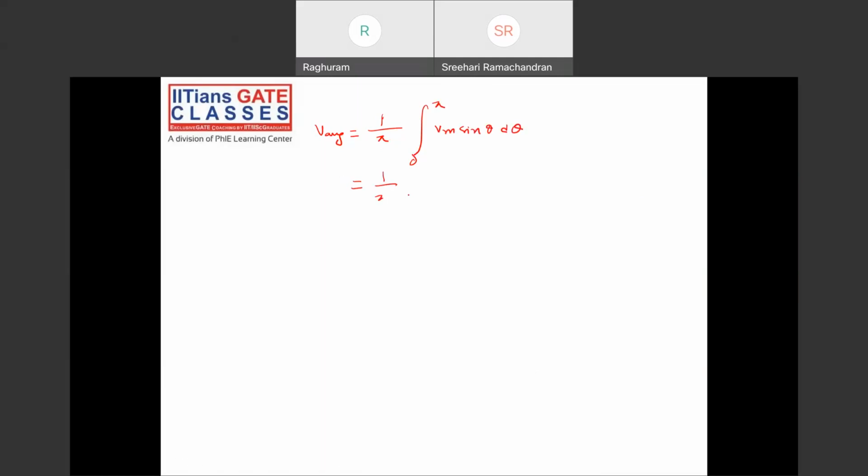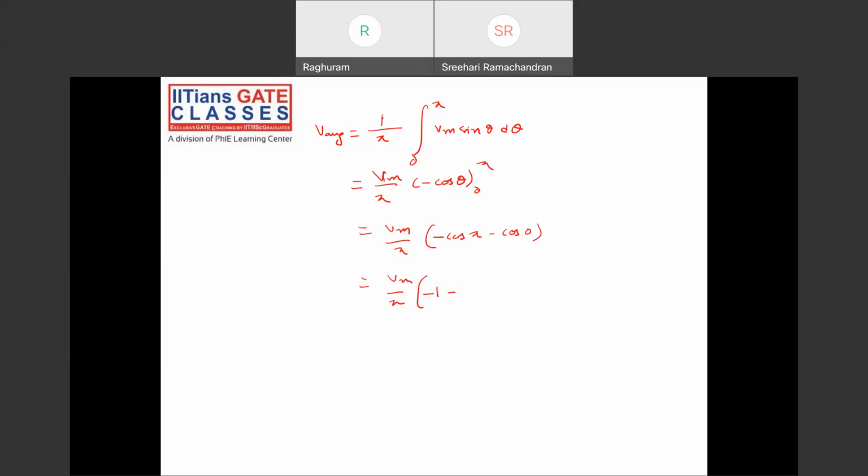This is Vm by pi. The integral of sine theta is minus cos theta, from 0 to pi. Vm by pi times cos 0 minus cos pi, which is 1 minus minus 1.